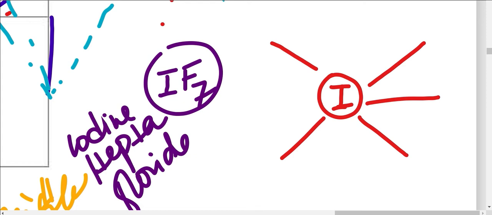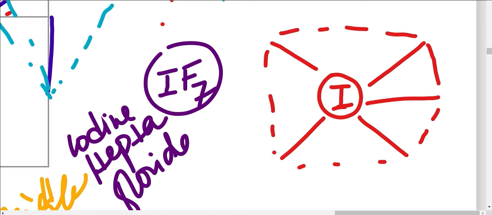So this is a 5-cornered base being formed, right? The bond angle, if you divide 360 by 5, you get 72 degrees. The bond angle is 72 here.